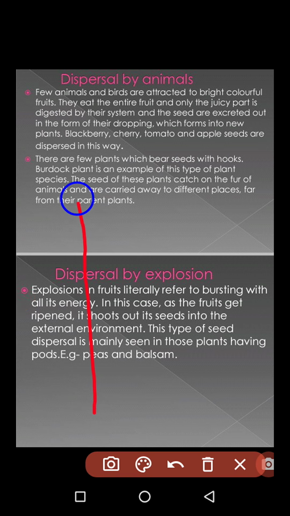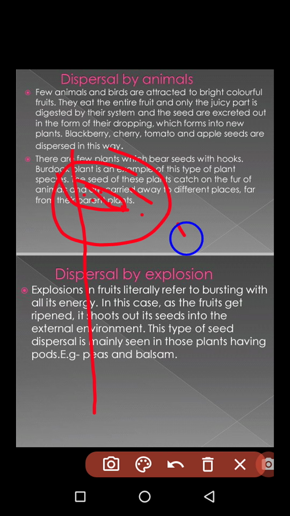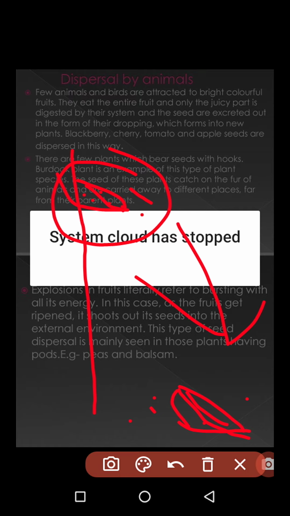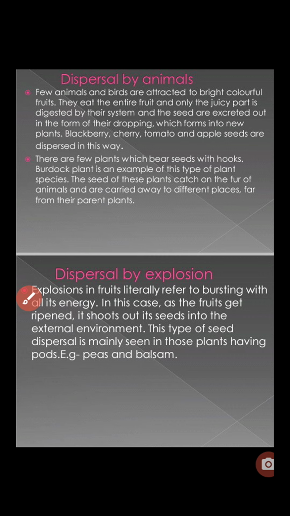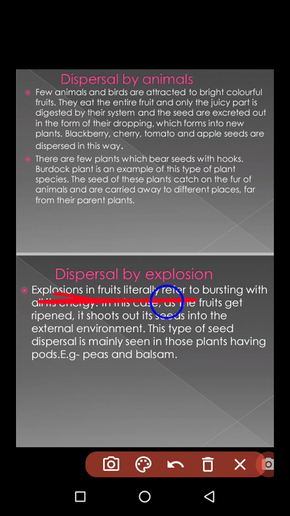Some peas grow up high, so from there the pod will burst open, and the seeds will come out on their own. This process is known as dispersal by explosion.